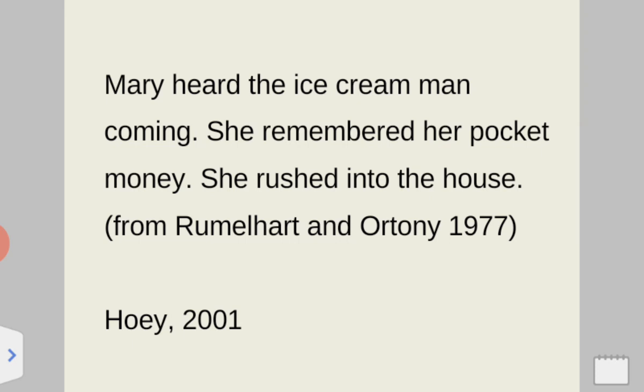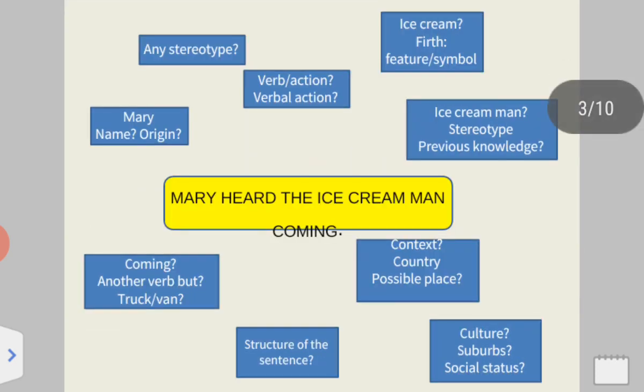And some other characteristics that we can actually analyze in this mini text. So let's start. What I did was dividing each of the sentences from the mini text for giving you a better understanding or ideas or elements that probably we can analyze on this mini text.